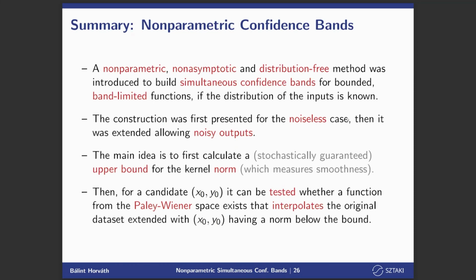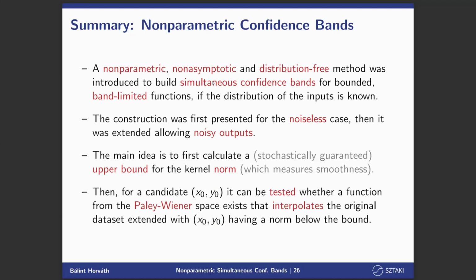So we didn't assume anything about the f star function, except that it lies in this band limited Paley-Wiener framework, but we didn't have to assume any distribution about the noise. The method is also non-asymptotic and non-parametric, and it's also simultaneous because it's not just for some inputs or some observation, but it provides confidence bands for the entire regression function.